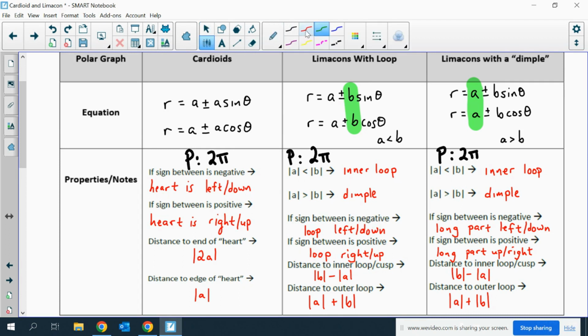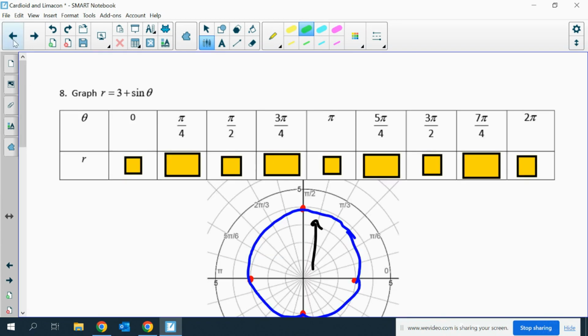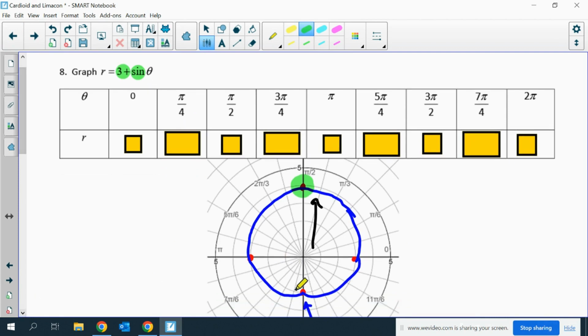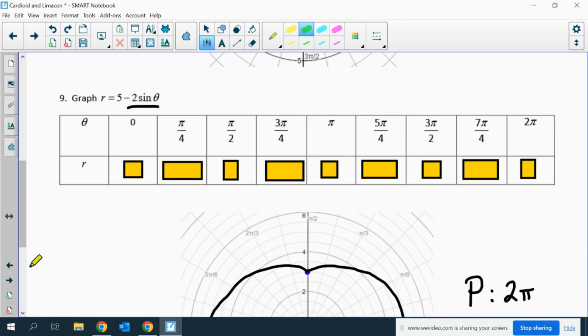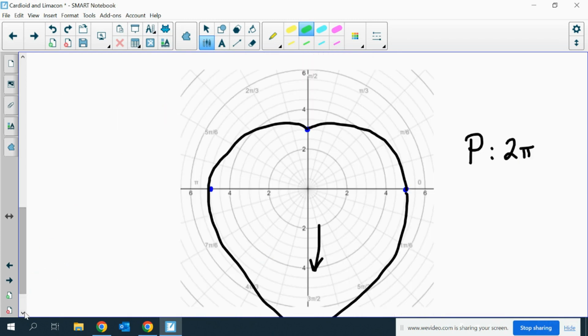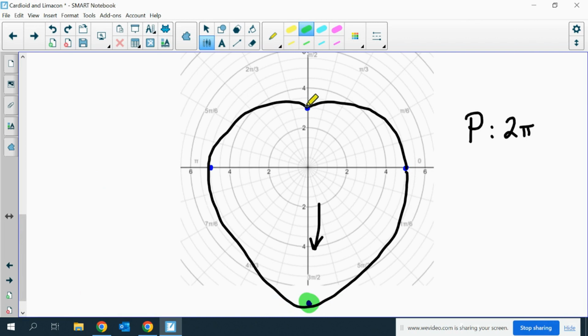Then you can look at these distances and compare them to what we saw in these examples. The distance to the inner loop is the absolute value of B minus the absolute value of A, and that's to the inner loop or the cusp, depending on what it is, and the distance to the outer loop is just adding them together. So if we go back, 3 plus 1 is 4, 3 minus 1 is 2, 5 plus 2 is 7, 5 minus 2 is 3.